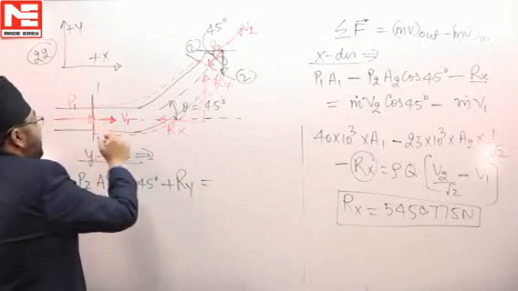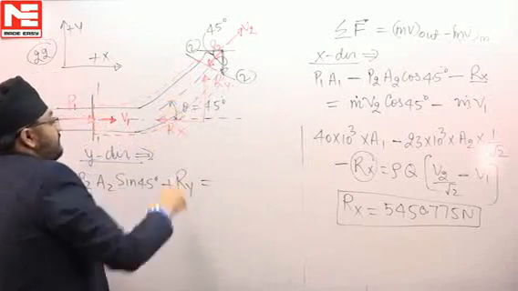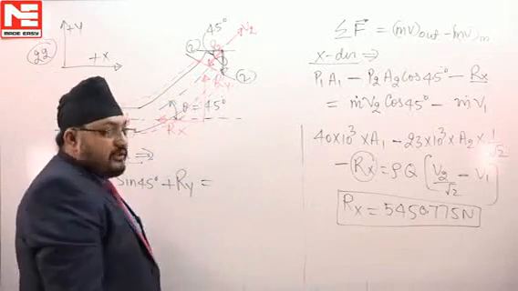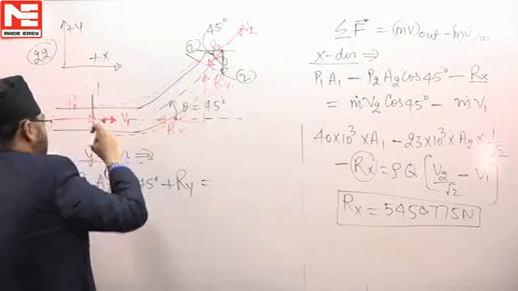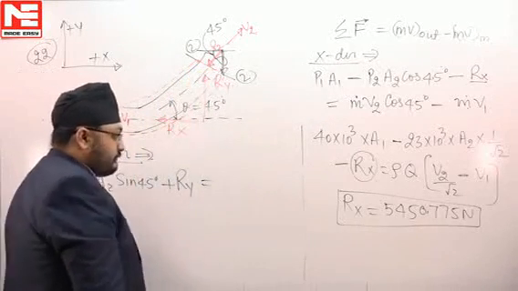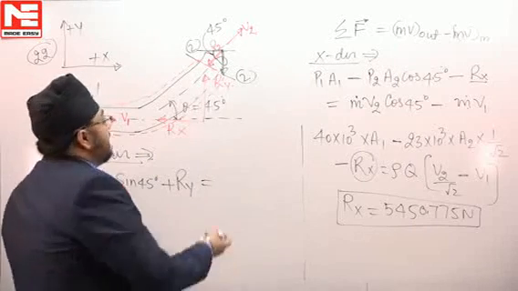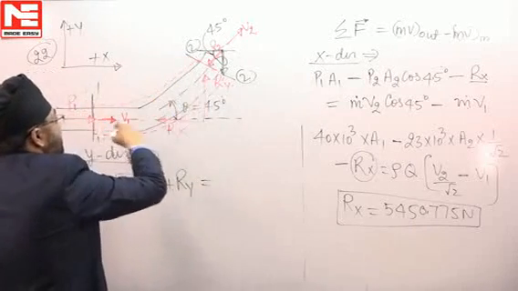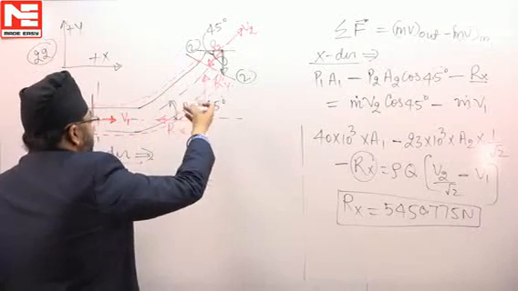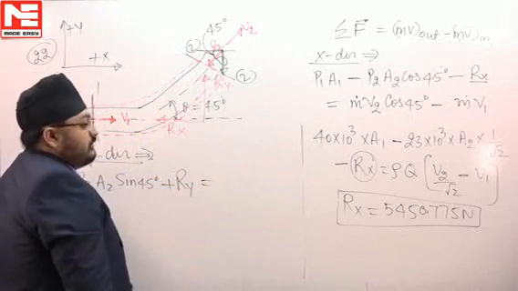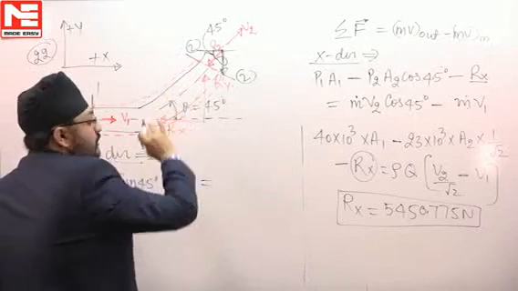The weight of the fluid will also act downward, but since the question does not mention the volume or weight of the fluid in this bend, we will neglect it. Otherwise we would have to consider it if the volume is given in the question. We can also neglect weight when the bend is in the horizontal plane.